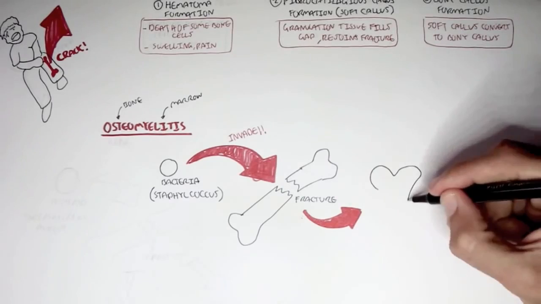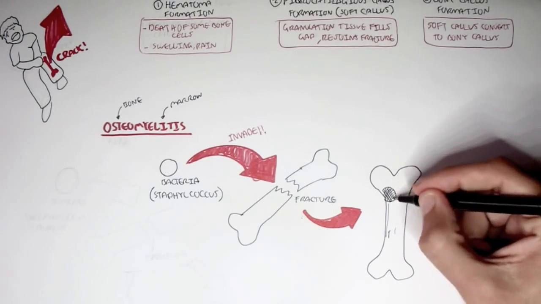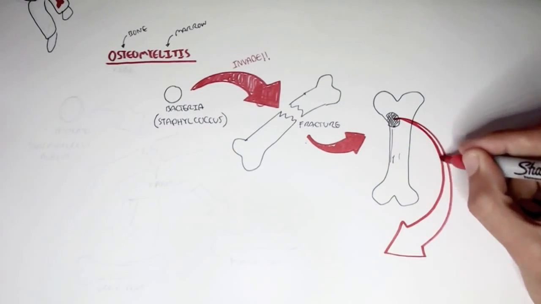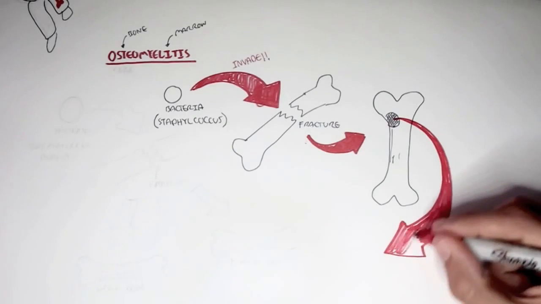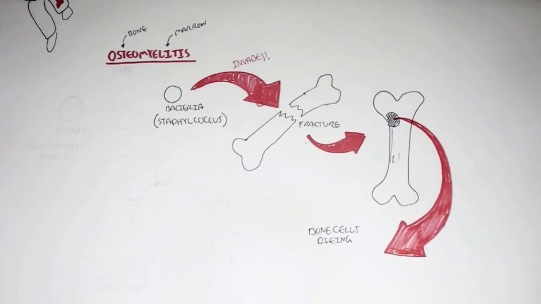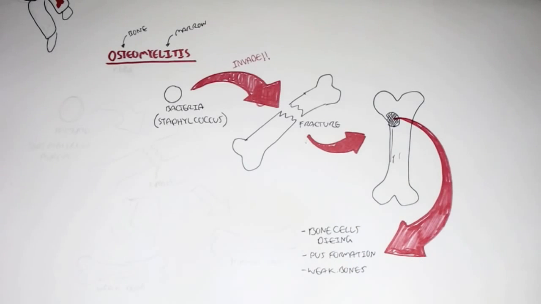What this bacteria usually infects are long bones, the ends of long bones. And at the ends of the long bones, the bacteria will cause necrosis of the bone cells. So the bone cells begin to die, and there's also pus being formed, and essentially this previously strong bone will become weak.